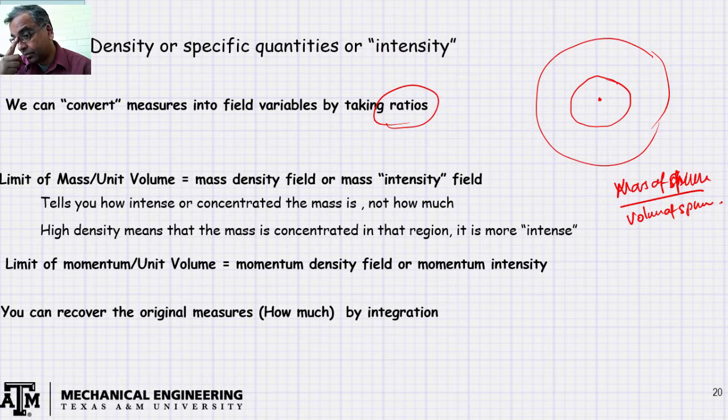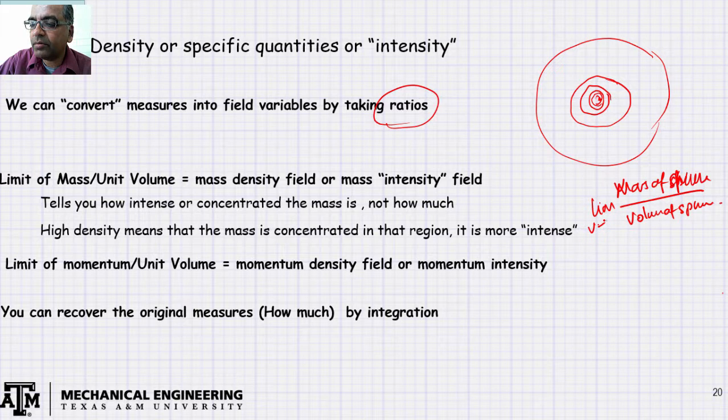If you take this ratio, you'll get a number. Now what you do is, you go on drawing concentric circles or concentric spheres that get smaller and smaller and smaller towards a particle, and so this will become the limit as volume goes to 0 of mass divided by volume of sphere. That will be called the density, mass density or mass intensity. That's equal to density of the particle.